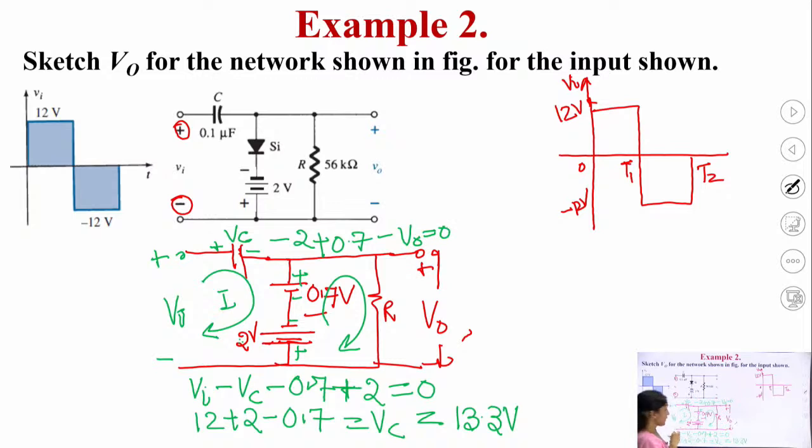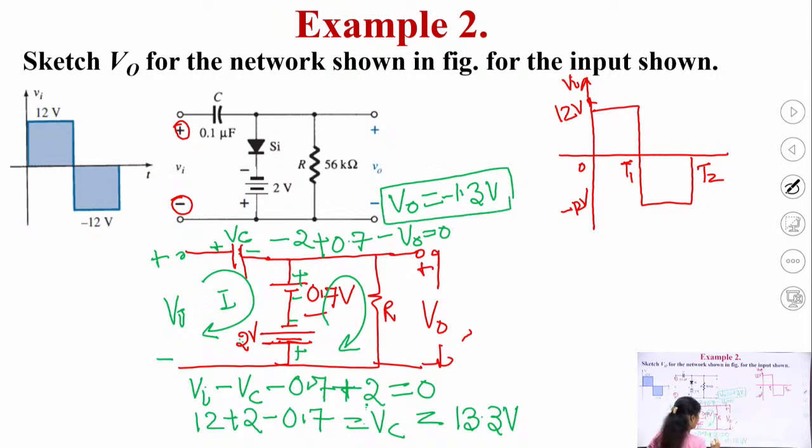Let us check if it is correct. Minus 2 plus 0.7 minus V naught is equal to 0. So, V naught comes out to be how much? V naught is equal to minus 1.3 volt. And Vc is, because here in this case Vc is plus 13.3 volts, so you will retain this sign.